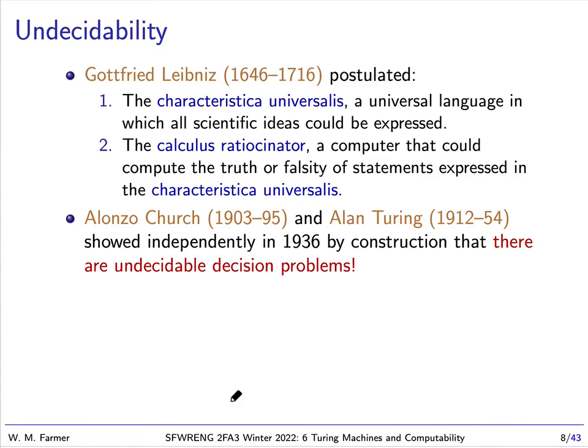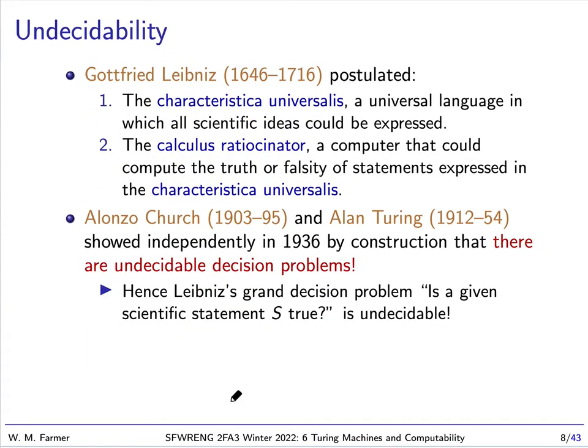So there are problems that we can express that are decision problems, but we cannot decide them. And this basically shows that Leibniz's grand decision problem, whether a given scientific statement is true, is undecidable.